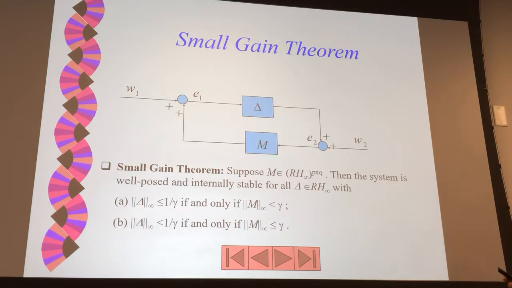In the SISO case, if you have a gain less than 1, even if your sign is reversed, becomes positively reinforcement, it will not add up to explode. It attenuates. You see what I mean? So that small gain theorem is very obvious conceptually.